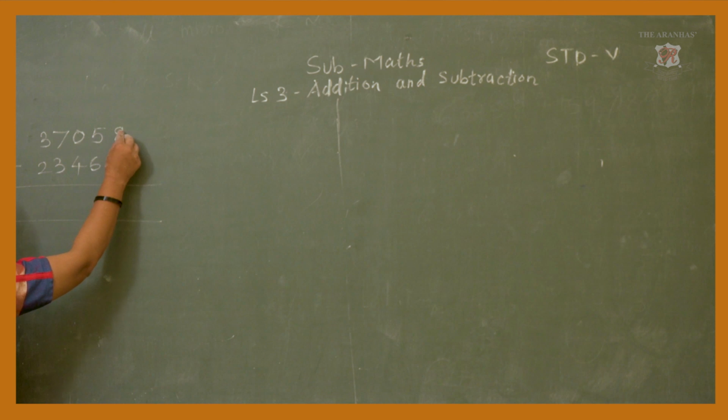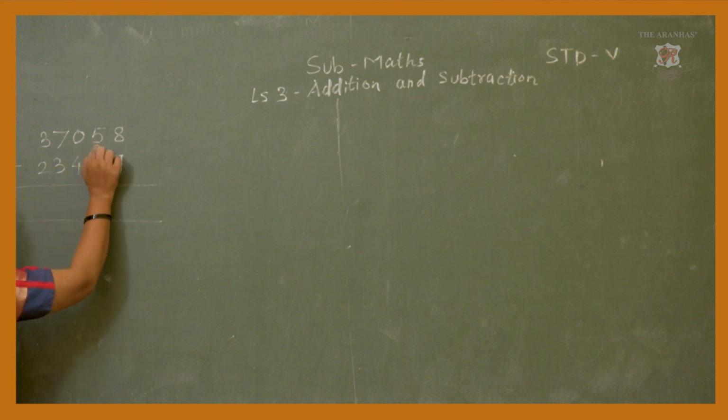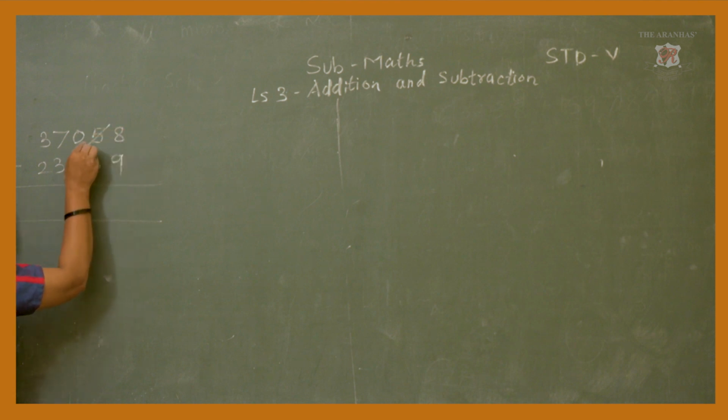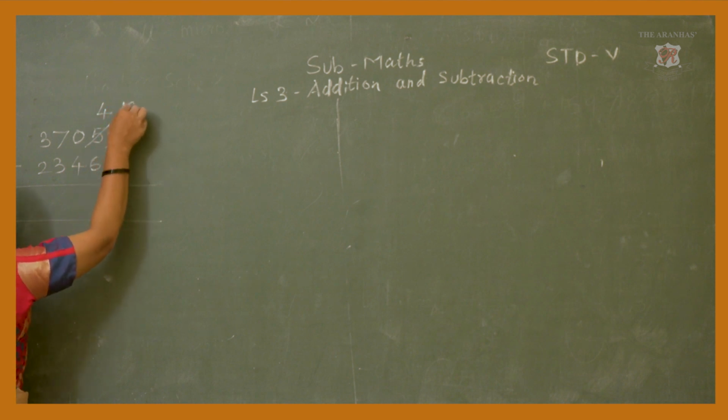Here 8 is less than 9, so we have to borrow from the 10s place value. 5 is here. From 5 we take one, so we minus one from 5. It is 4, and this number becomes 18.